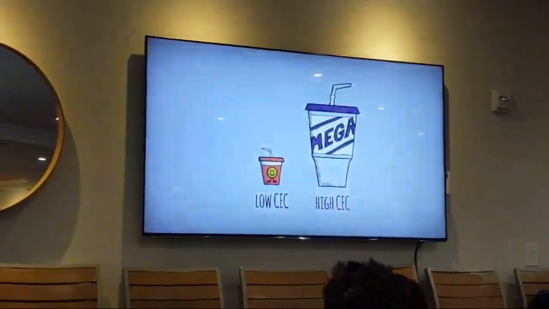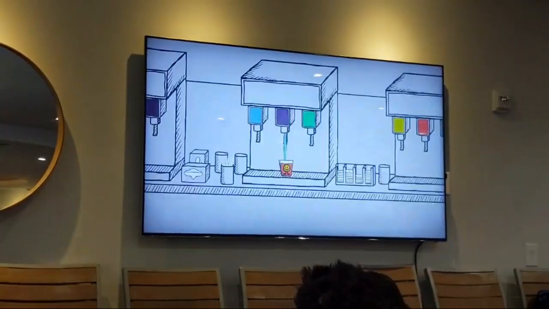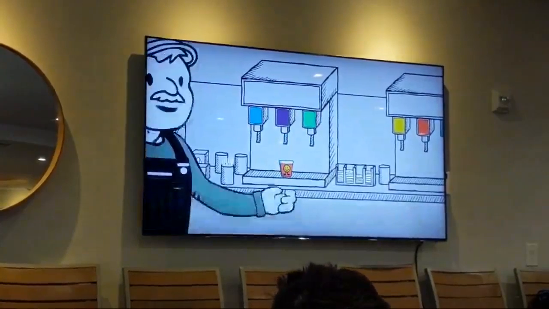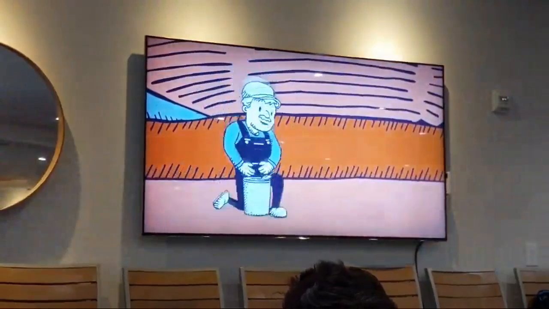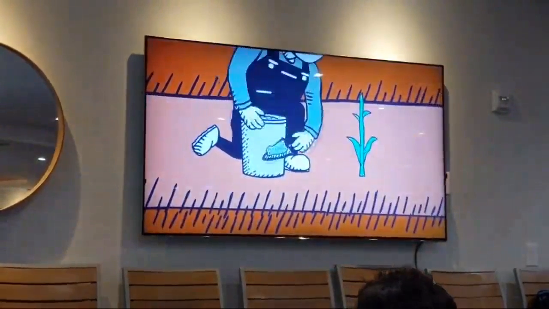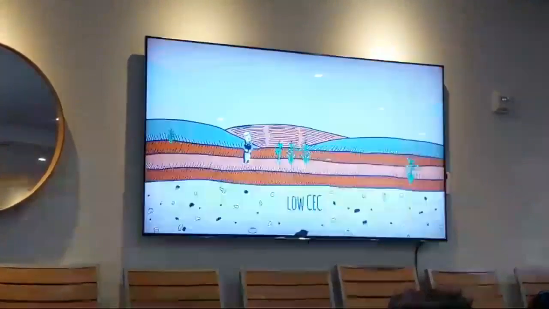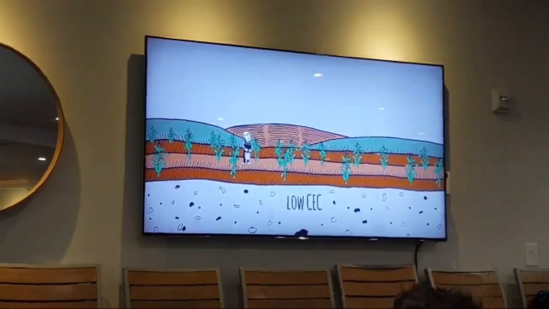That's because CEC is sort of like a cup size at a fast food joint. Some soils are supersized, but others have a kitty cup. Pouring too much will just cause a mess, but if you refill several times, you can still quench your thirst. Farming in low CEC soils works almost the same way. Even though the soil has lower capacity, you can fertilize more often using smaller amounts, and the plants will grow healthy and strong.